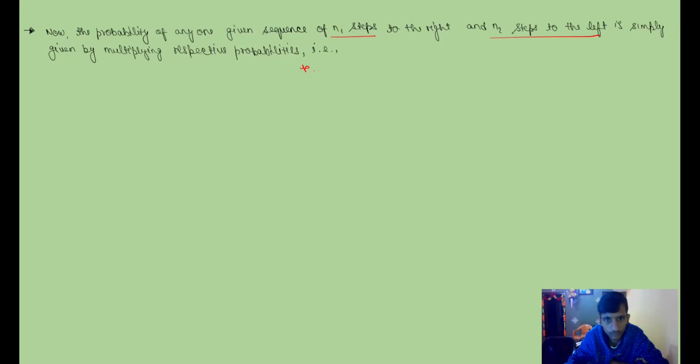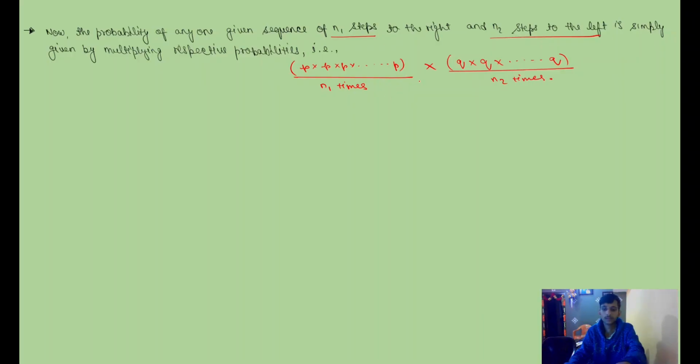So what does this mean? p into p into p, and I will keep on doing this multiplication n1 times, right? And now also I have n2 steps to the left with probability q. So I will do q, q, q, and keep on doing this n2 times, right? So this is equal to nothing but p raised to power n1 and q raised to power n2.